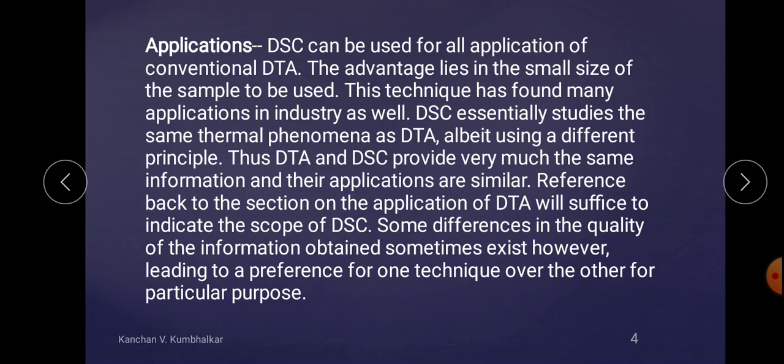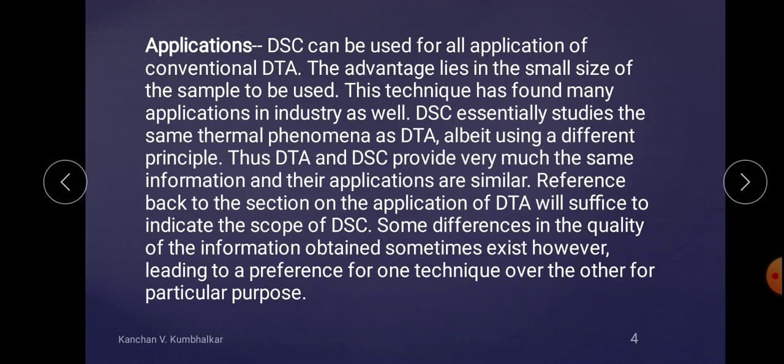There is one equation given, that is A is equal to minus G m delta H upon K, where A is considered as the peak area which can be observed from the DSC curve, because we are talking about the application of DSC.